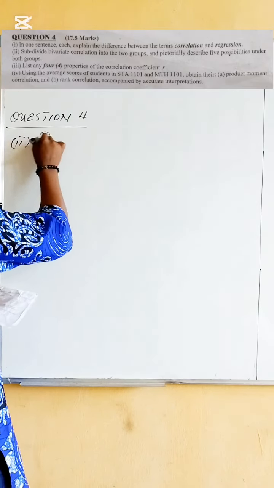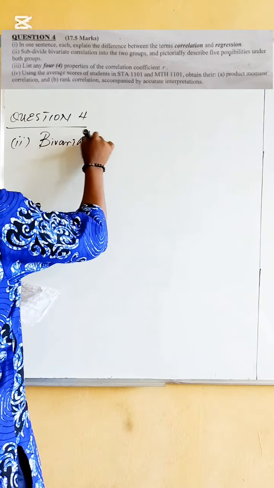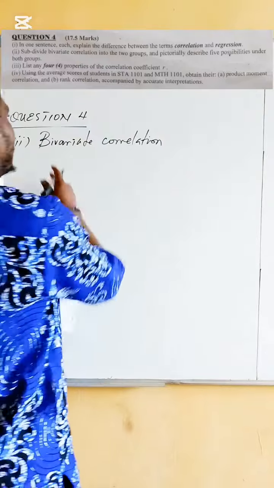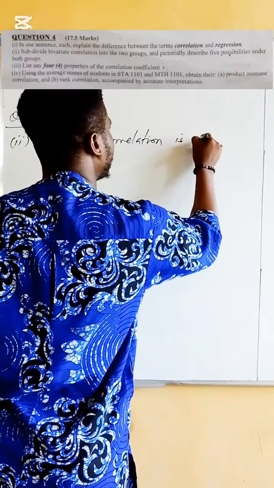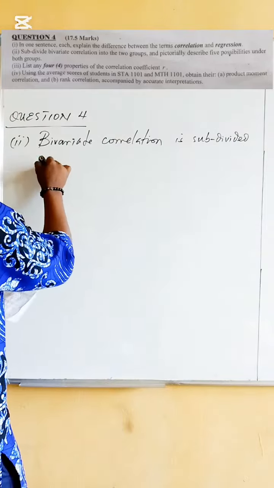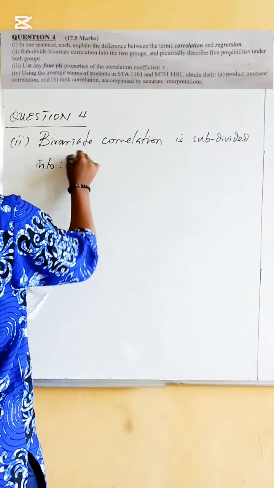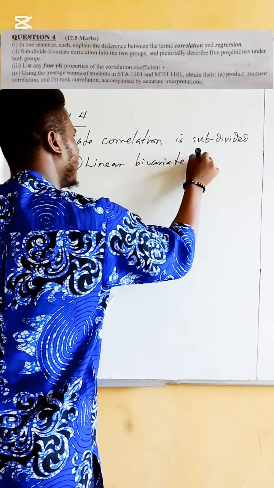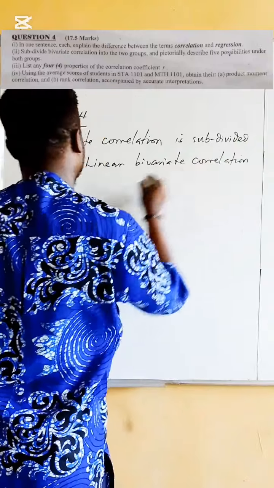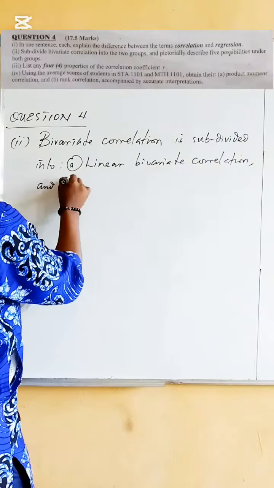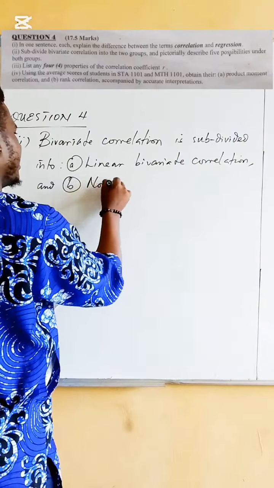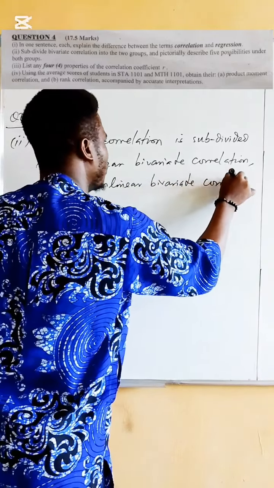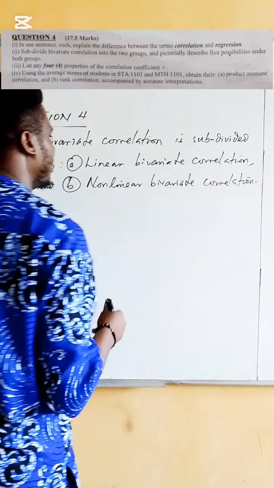So, bivariate correlation, that is the correlation involving two variables, okay, is subdivided into A, linear bivariate correlation, and B, non-linear bivariate correlation. So these are the two groups we are asked to subdivide bivariate correlation into.